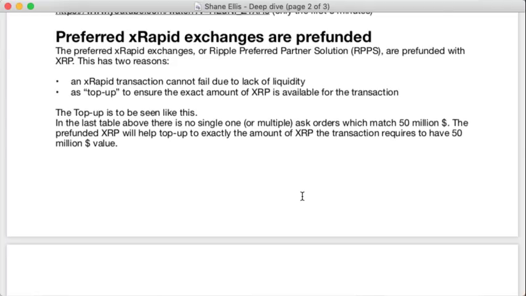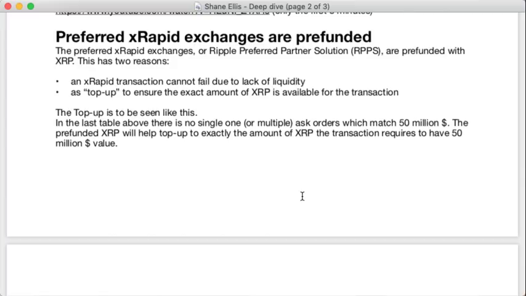And this, in my opinion, has two reasons. Shane Ellis basically only uses the first reason, that an XRapid transaction cannot fail due to lack of liquidity, which is the reason why the exchange itself has to have XRP in order to be able to guarantee each transaction to be processed properly.